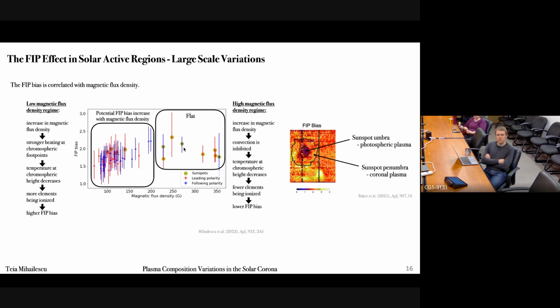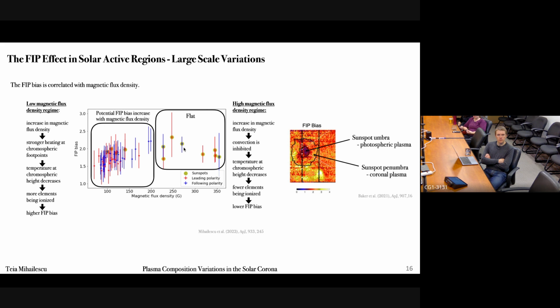And this is validated by an example. I have an example here of the plasma composition of a very large sunspot, and the contours I'm showing on the FIP bias map are, the first one is the umbra, and the second one is the penumbra.